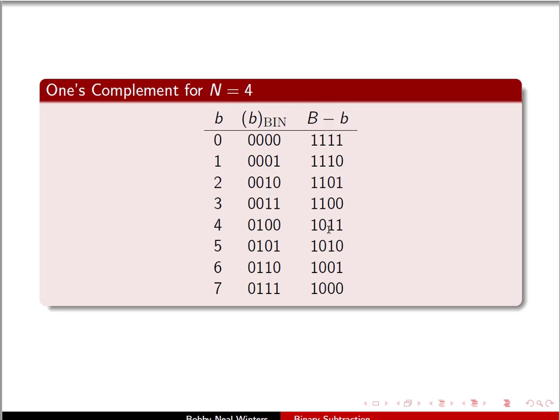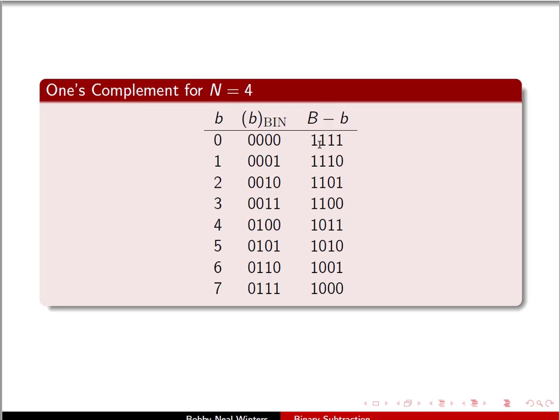As we go down, we maintain that 1 in the first bit, the most significant bit, but we lose them in the other bits till we get to 7, when that's just 1, 0, 0, 0. Now, what we do here is think of this column, B minus little b, as being the negative of what we have in the first column.